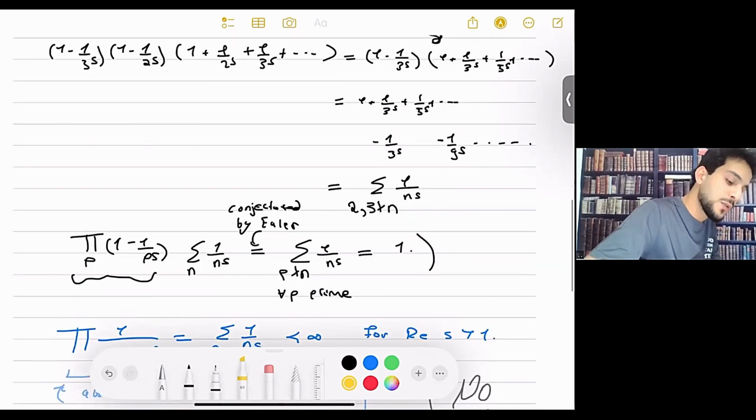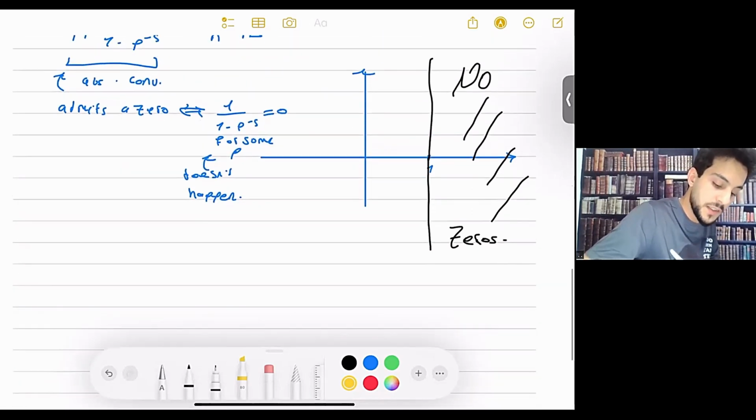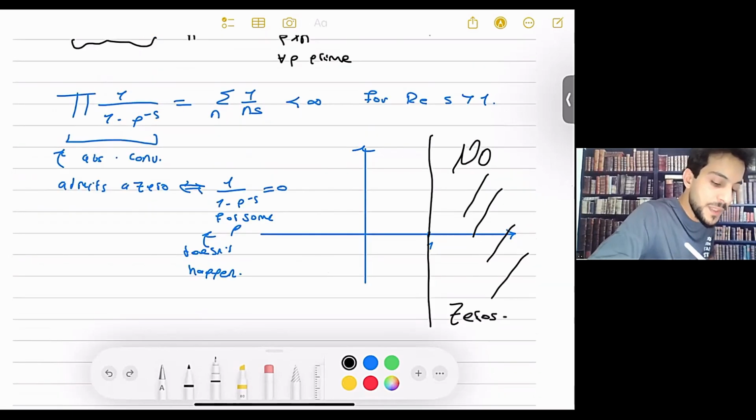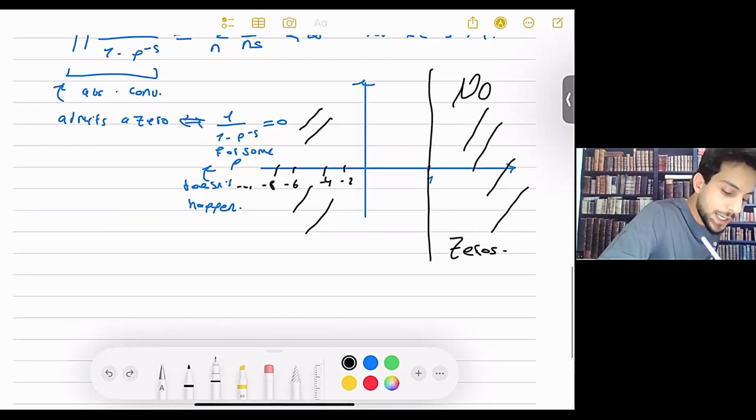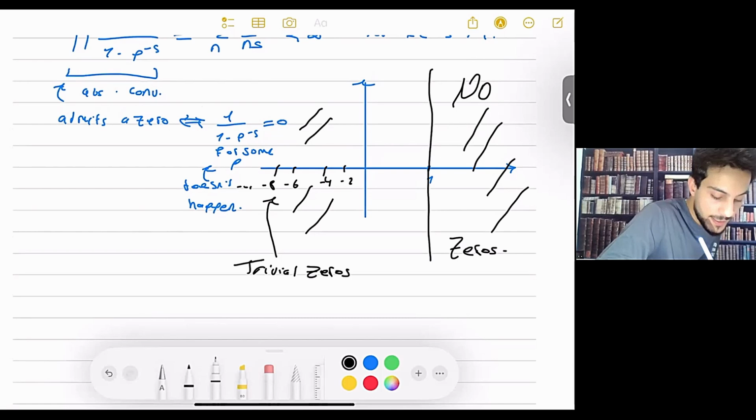So if we go back to the picture and see what this means, there can't be zeros over here, except for some zeros happening at the negative even integers. And these are actually called the trivial zeros of the zeta function.